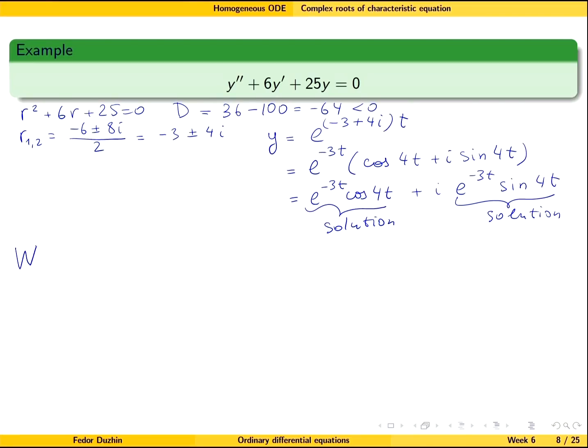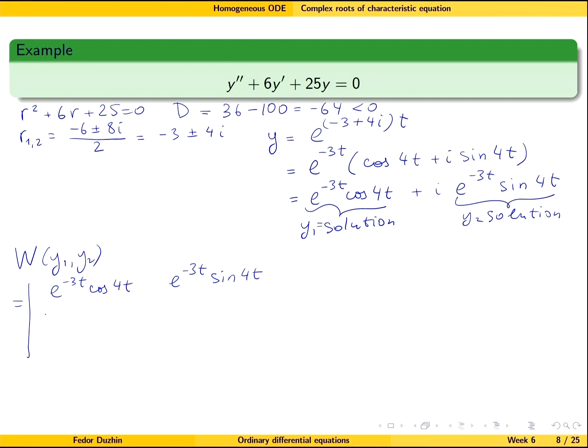So let me find the Wronskian of these two solutions. If this is y1 and this is y2, then the Wronskian of y1 and y2 is the following determinant. The first row is e to the minus 3t cosine 4t and e to the minus 3t sine 4t. The second row is the derivatives of these two functions.